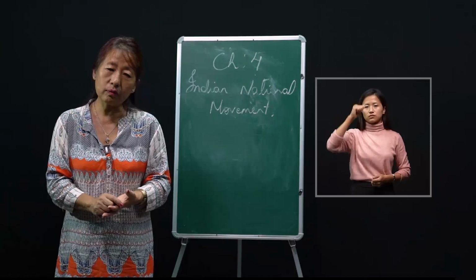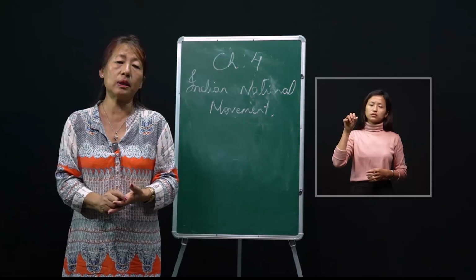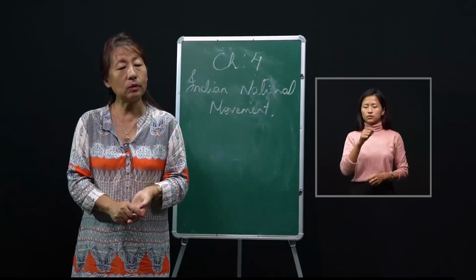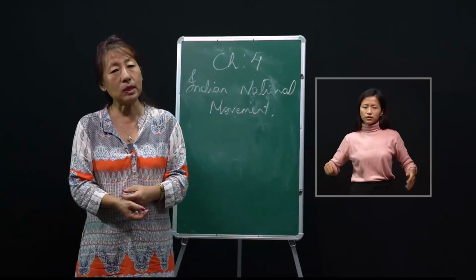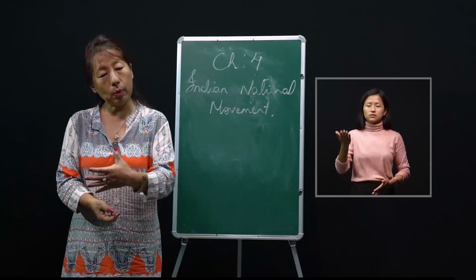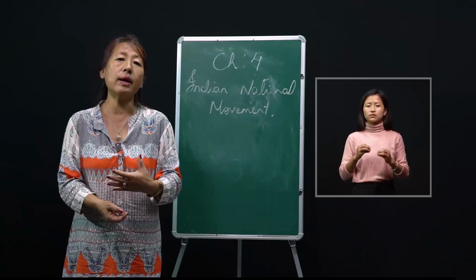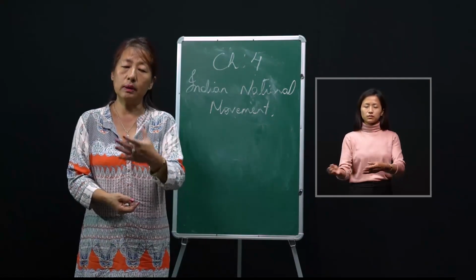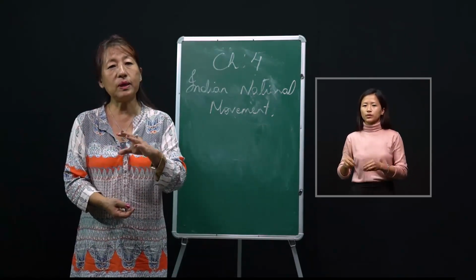Thousands of them were arrested and put into prison. Women were humiliated, children were beaten up mercilessly and so on. And this is how the Britishers were able to bring the Quit India movement to a stop.